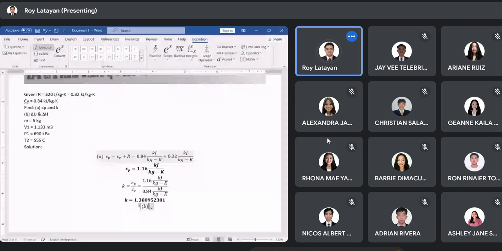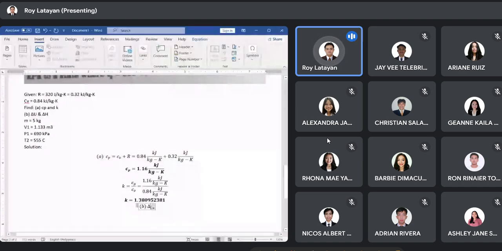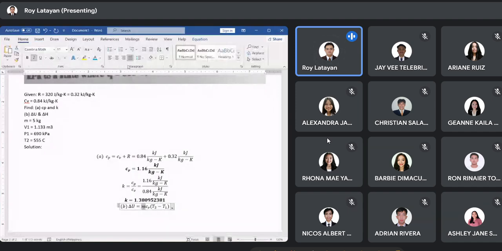So, delta U equal to, anong formula natin for delta U? m Cv delta T or T2 minus T1. Tapos, titingnan natin kung ano yung meron tayo. So, mass given, given tayo ng Cv, tapos given tayo ng T2. So, ang wala tayo is T1.